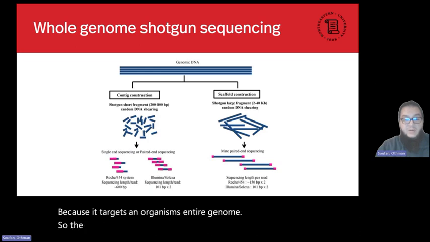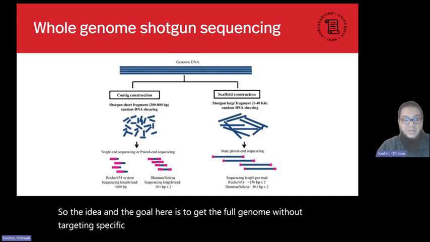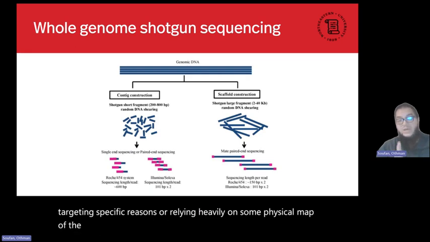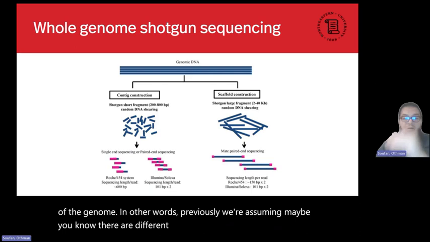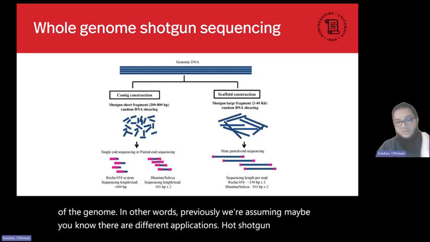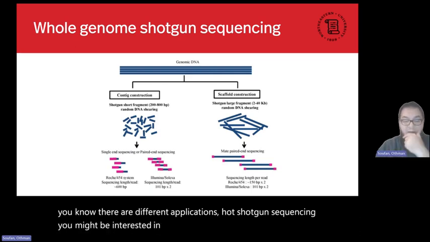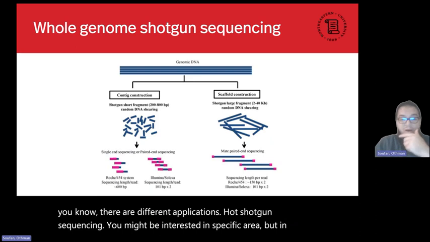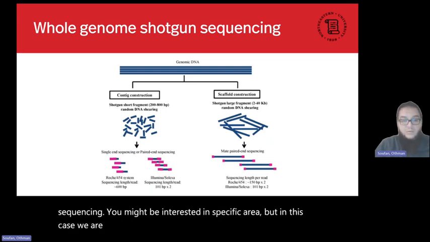The goal here is to get the full genome without targeting specific regions or relying heavily on a physical map of the genome. Previously, with shotgun sequencing, you might be interested in a specific area, but in this case, we are looking at having the full genome.